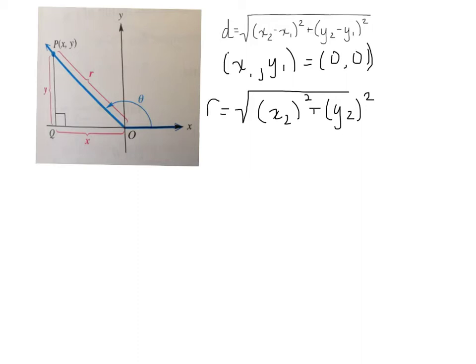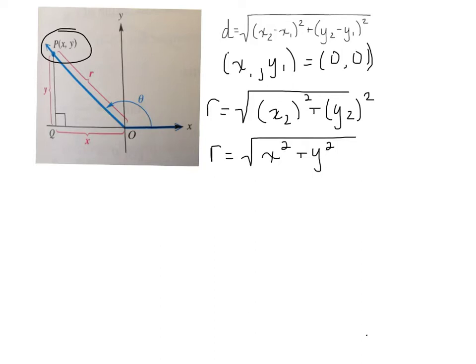and really our formula ends up being the radius is equal to the square root of x squared plus y squared. We drop this sub 2 on there because we know that the first point has to be the origin, so all we have to do is identify x and y.